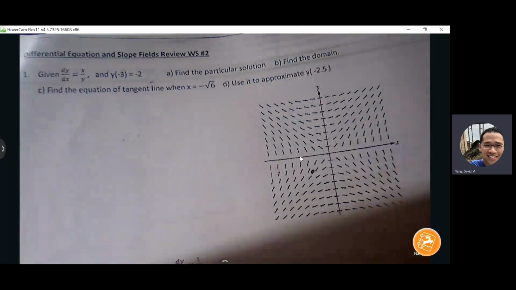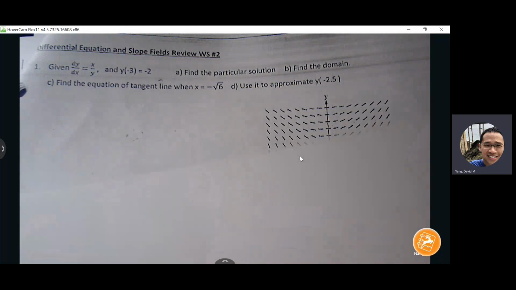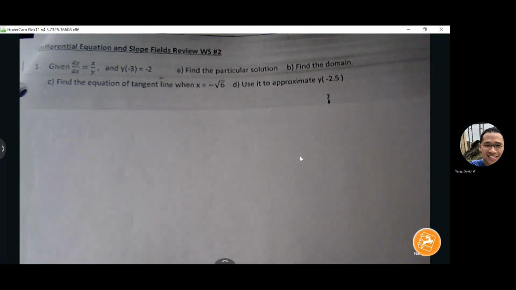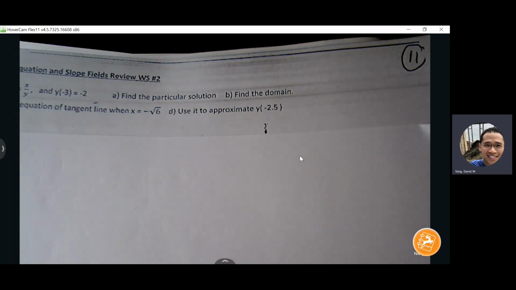I'll just work through this problem at the same time that you guys do it and see if you have any questions. The key's on the next page, so if you're working ahead, you can always check your work.